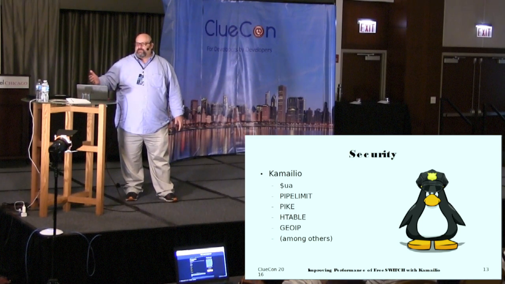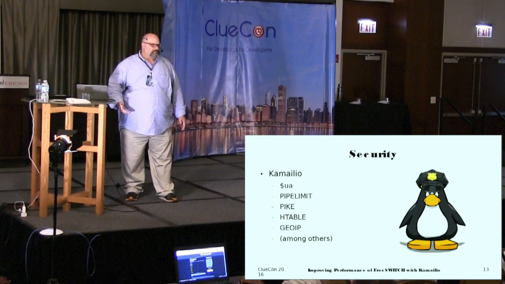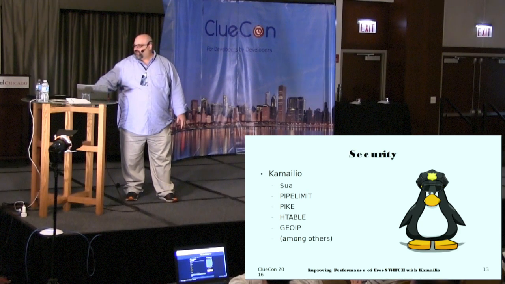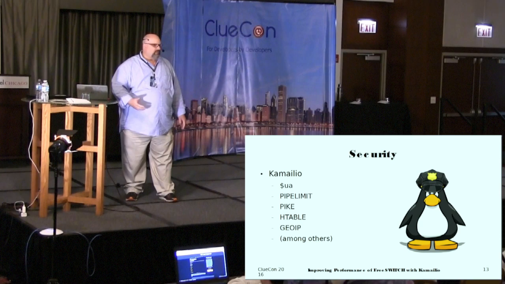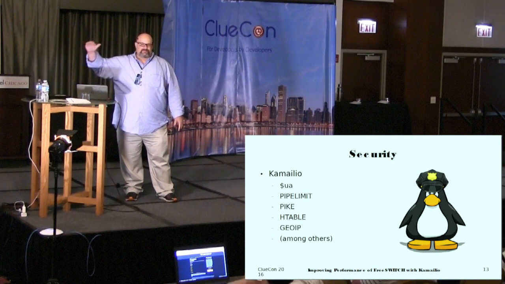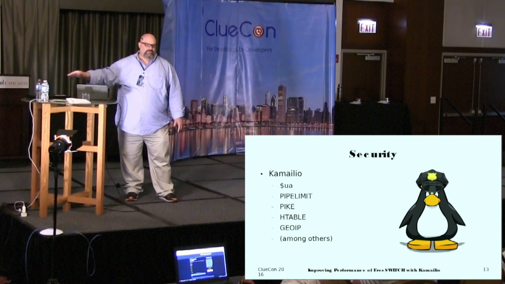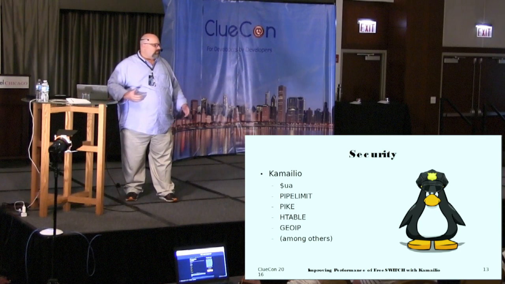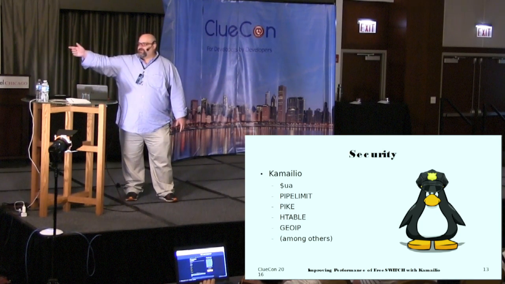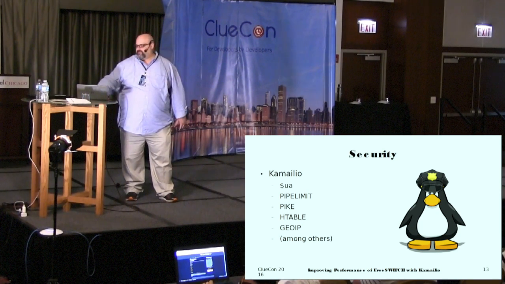Pike is a built-in module that detects flood attacks. You can use htables, which is a great use of memory tables, right? We can use those to go, okay, has this person attacked me? I'm going to block them for 5 minutes. Okay, they were already blocked for 5 minutes and they're still attacking, I'm going to block them for 20 minutes. However you want, you can use these htables to work with pipe limit and count different things and make extremely powerful counters and tools for security.